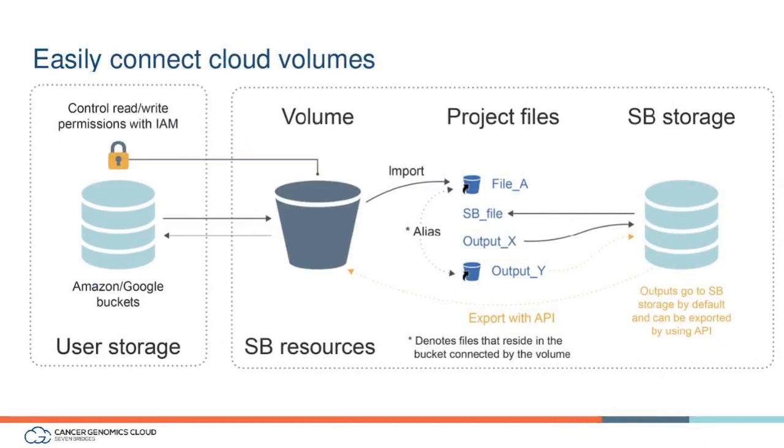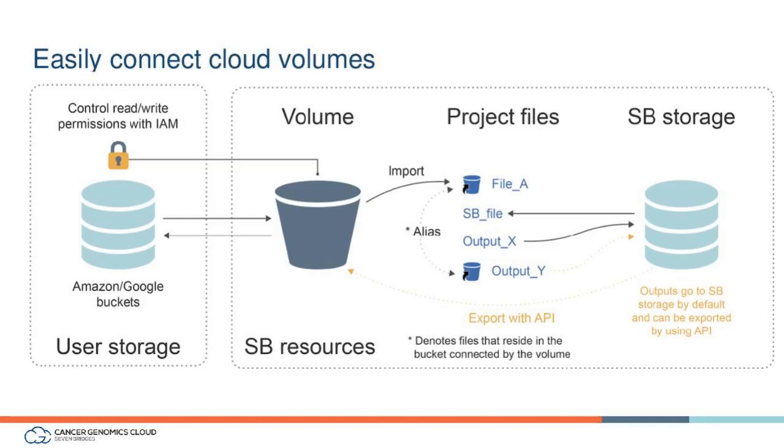As I mentioned before, a lot of users have data that's already in the cloud. So a lot of strategies are combining your own data with some of the public data sets as well. So we see that a lot. A great way to do this, if your data is already on Amazon or Google, you could use a feature called volumes.